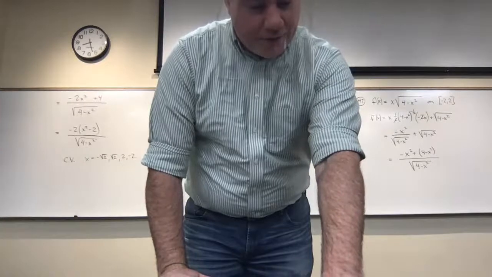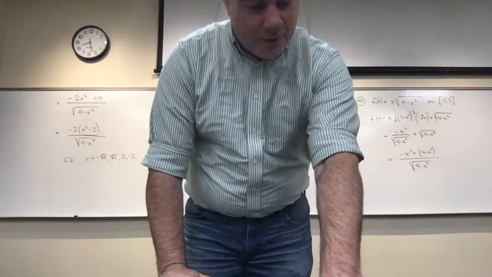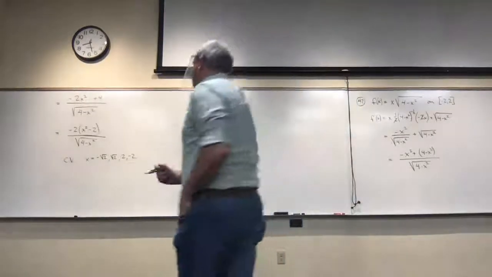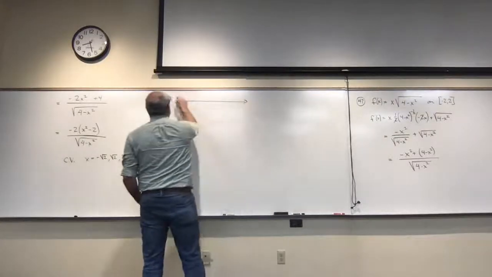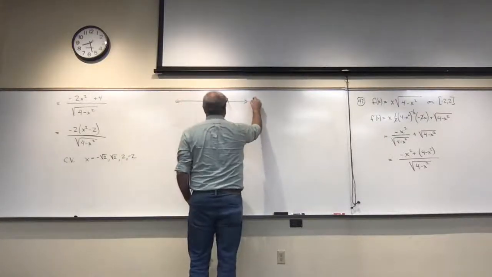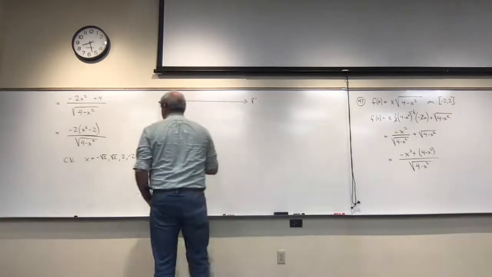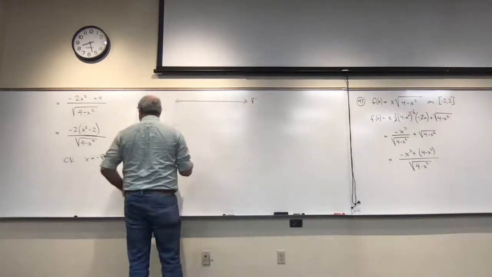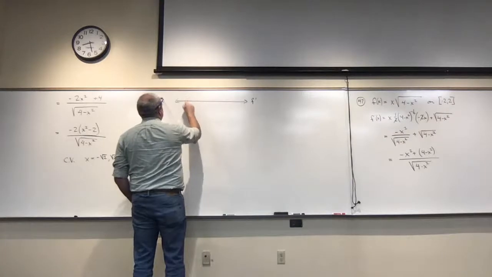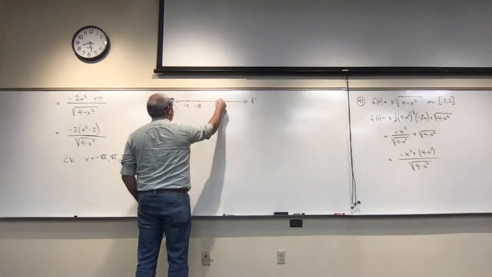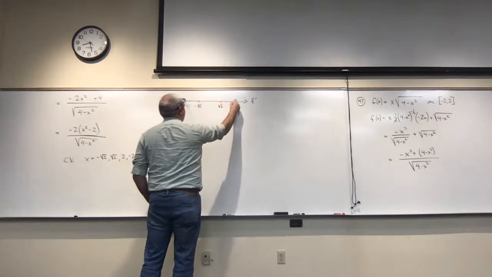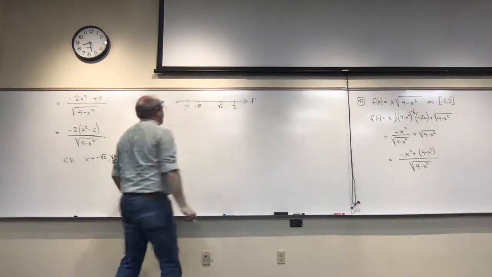Use the first derivative test to locate the local max and local min. Okay. So we still need to put these on a number line. So the number line helps us in the first derivative test. Here's my first derivative. I put these 4 values on. I've got minus 2, minus root 2, root 2, and 2.